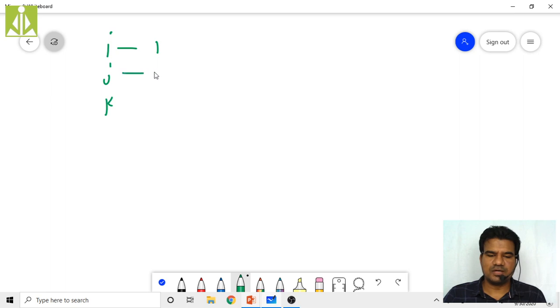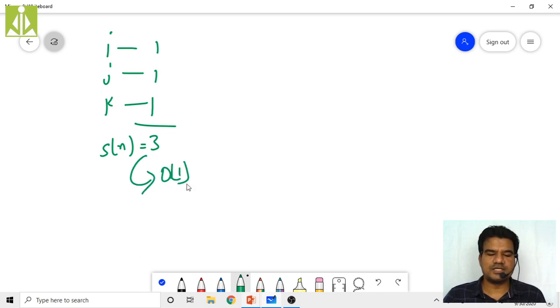This will consume one word, this will consume one word, and this will also consume one word. So our complexity function will become 3. It is a constant. Space complexity function S of n is 3, and since it is a constant, our order will become order of 1.